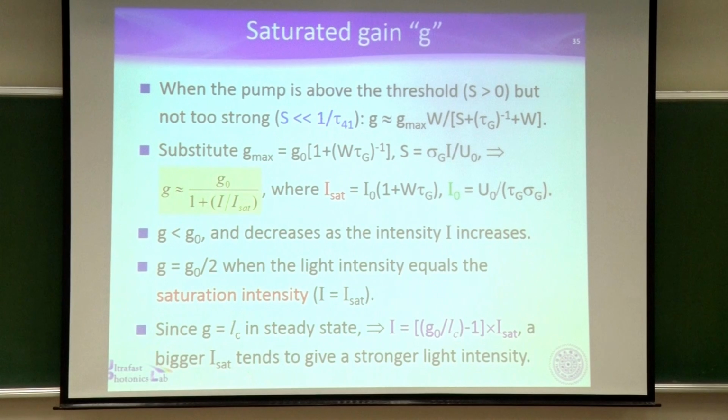In steady state, your light intensity inside the cavity is a factor, an amplification factor, of saturation intensity. And this factor is determined by the small signal gain over cavity loss coefficient minus constant 1. Okay?